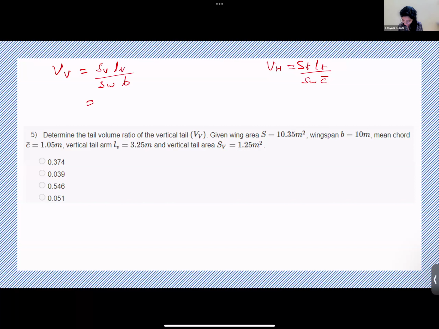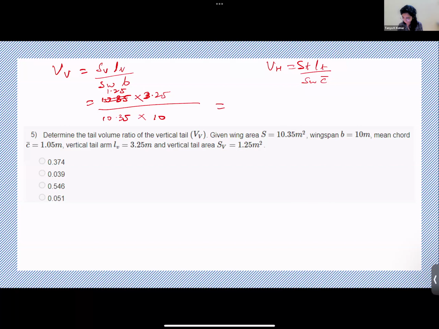SV is 1.25. The moment arm is 3.25. Sorry, that was not the area, my bad. This is 1.25. This is 10.35. And wingspan is 10.